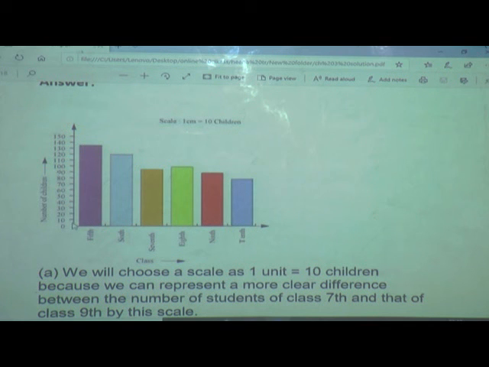So I had taken here 10, 20, 30, 40, that is on the y-axis, the number of students, and on the x-axis the classes, which is given to us in the data.